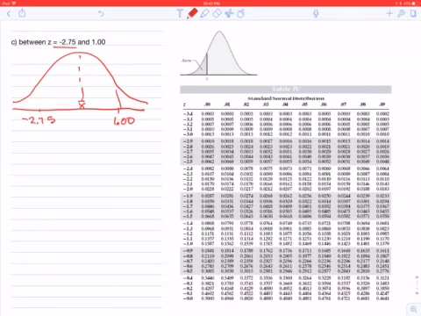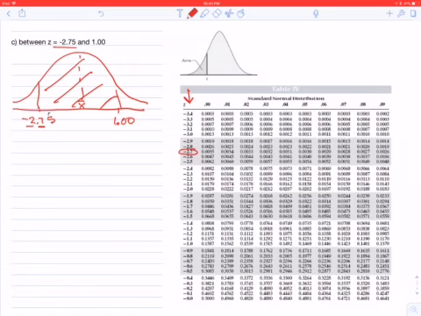I want to find the area between these two z-scores. Well, the best I can do is the area to the left. Now, this is a negative 2.75. So on the table with the negative z-scores, I'll go down to negative 2.7, the whole number and the tenths. Negative 2.7. That's here.